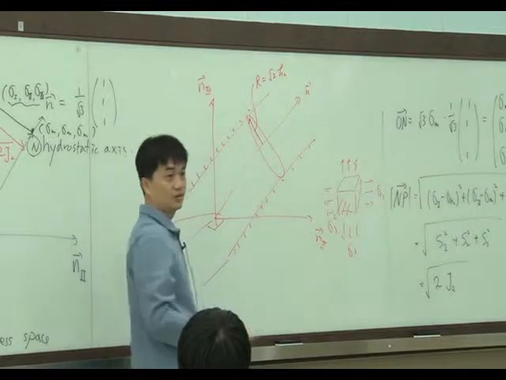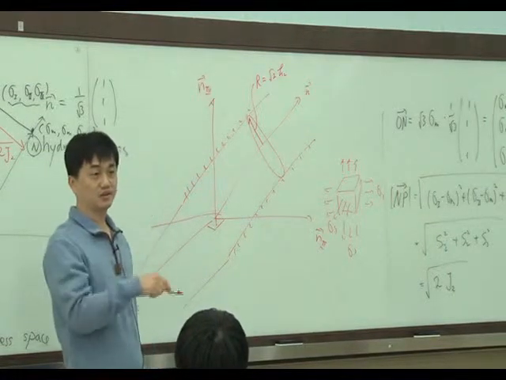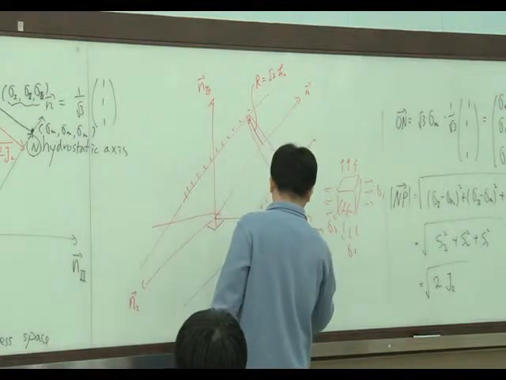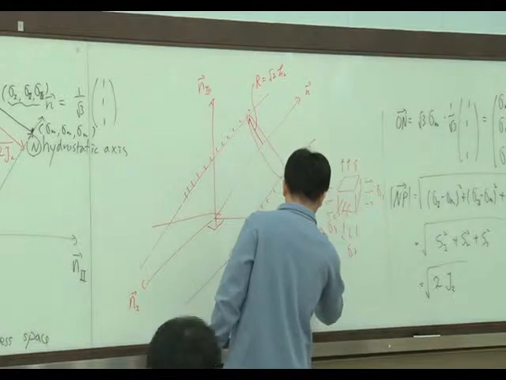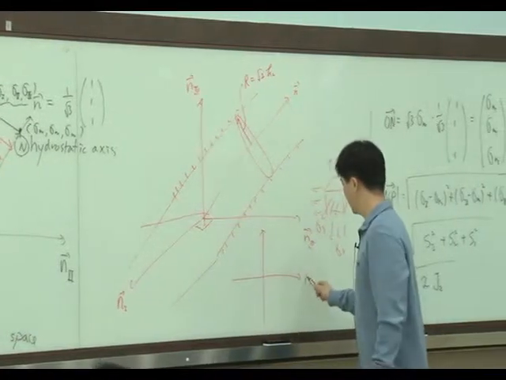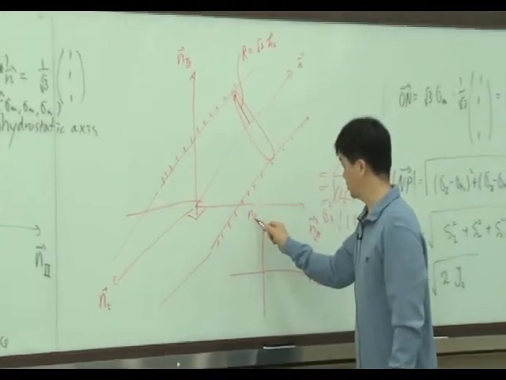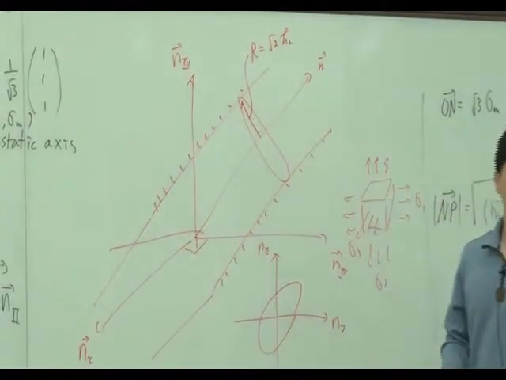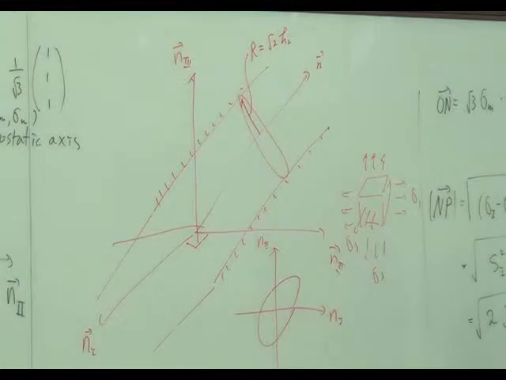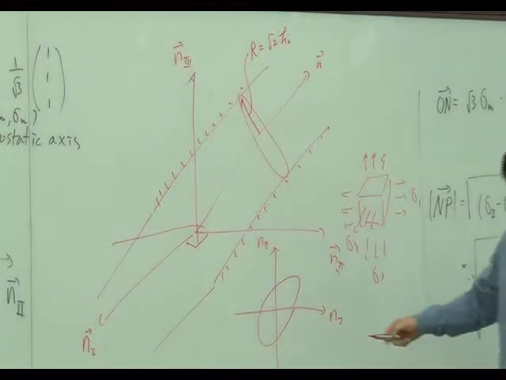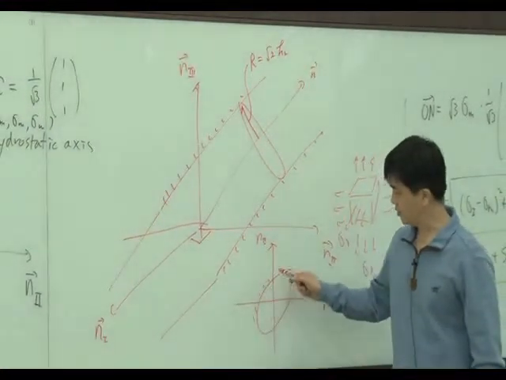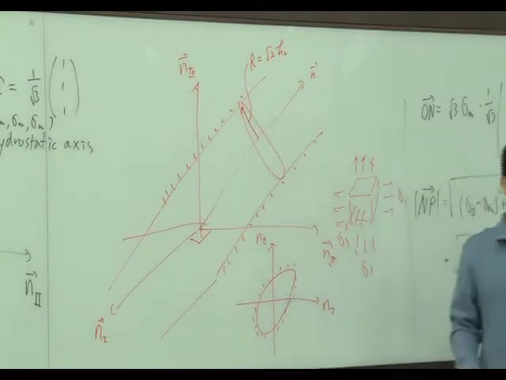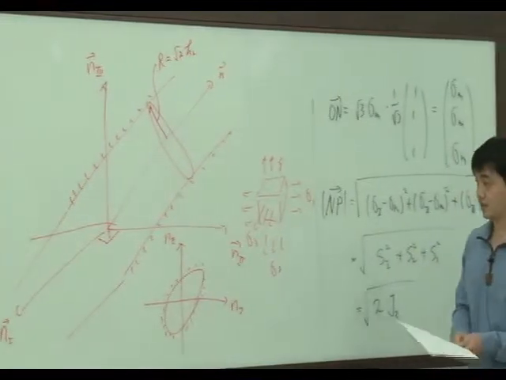How? You will have some ellipse, right? So in the sigma 1 and sigma 2 plane, you will have this shape. This is the envelope of the von Mises criterion.